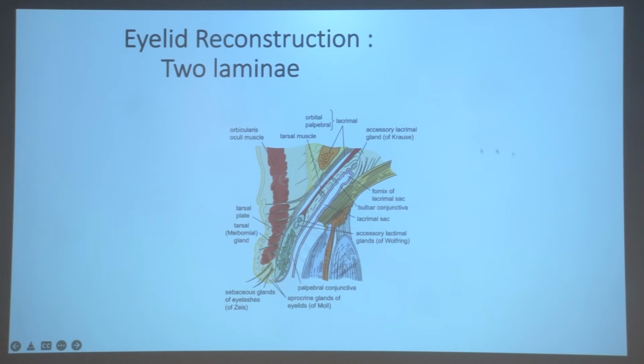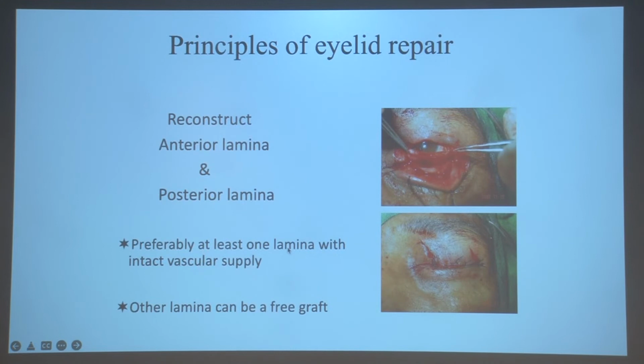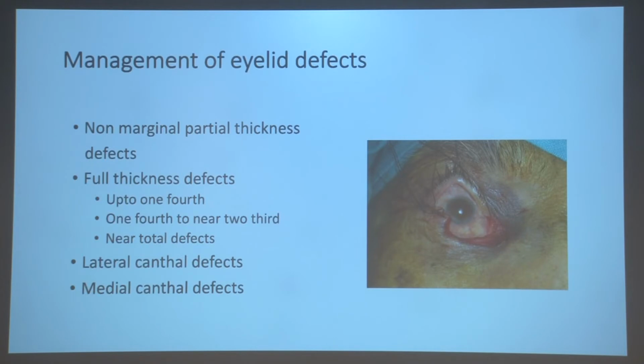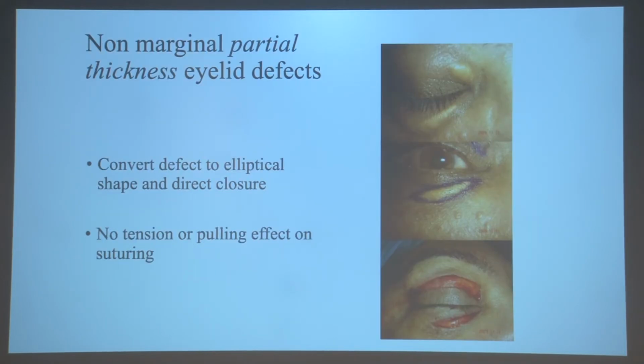She's already spoken about the lamellae that we need to reconstruct, anterior and posterior, but posterior with the requisite support. And as she said, you need intact vascular supply in one. Evaluation is important to decision making, which she has dealt with very well. So let's deal with the different kinds of defects.